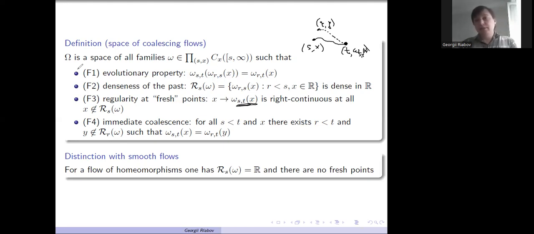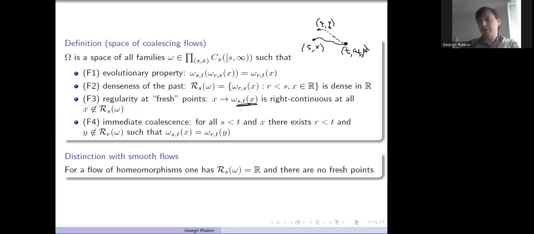I define it in such a way as to capture the main features of coalescing stochastic flows. In particular, this space omega doesn't contain any flow of homeomorphisms, because for a flow of homeomorphisms, there are no fresh points.